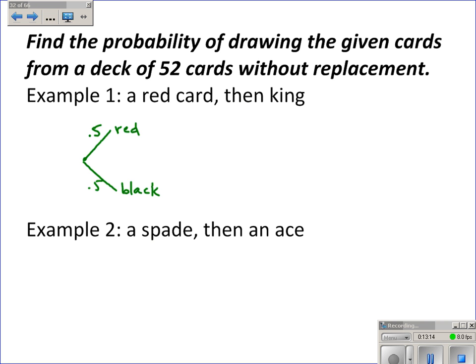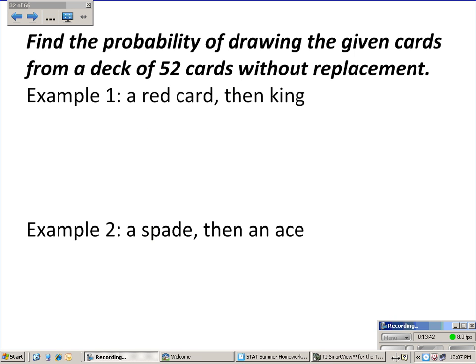Okay, and then drawing a king, you know what? These are not really tree diagram questions, because if you drew a black, then you're done. But let's do it anyway. Our red card will be 0.5. Okay, let me try again.